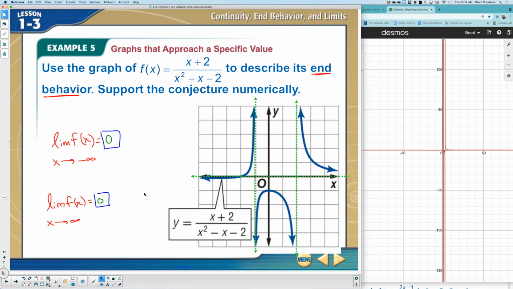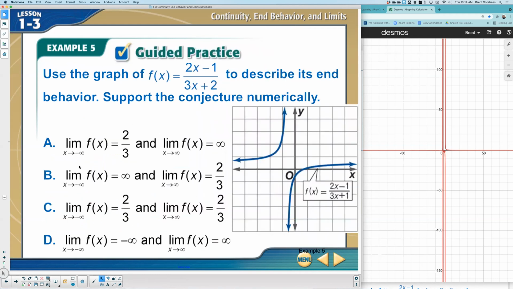Okay. So again, the limit here on the left side, this is the left end behavior. The left end behavior is corresponding to this arrow right here.